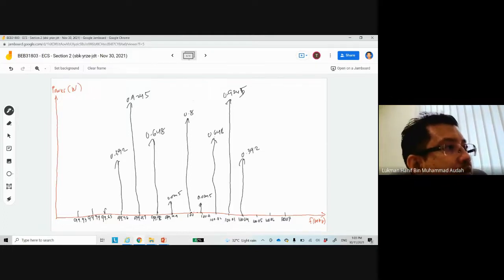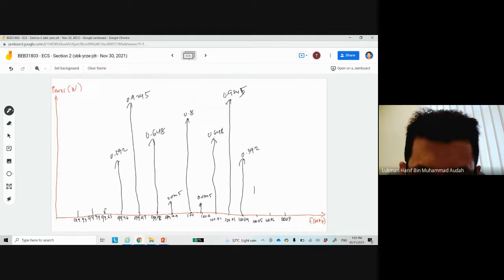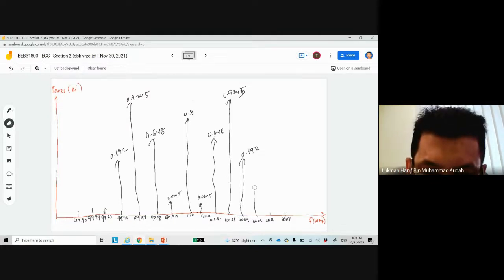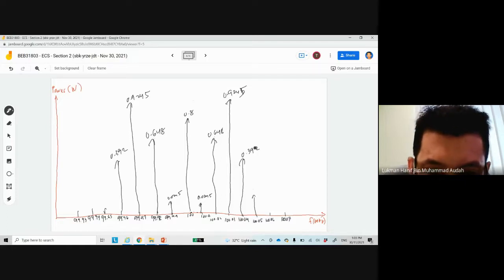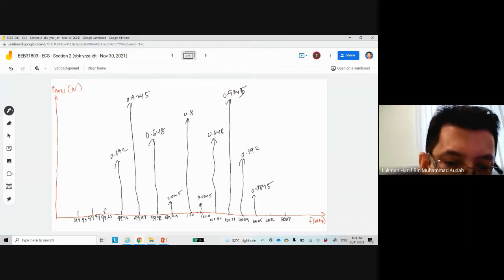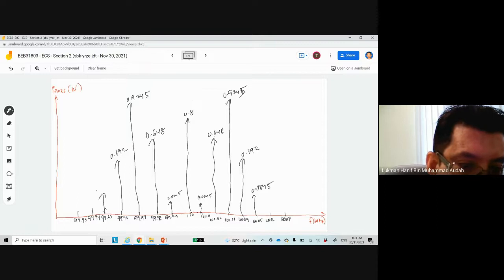Okay, and then the fifth sideband is 0.0845. I estimate it is somewhere over here. Okay, 0.0845 here, also 0.0845.